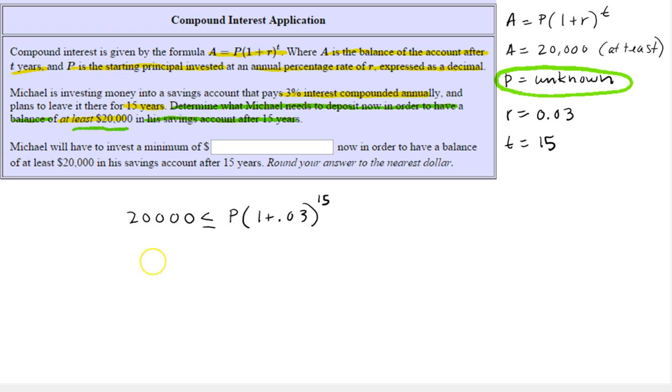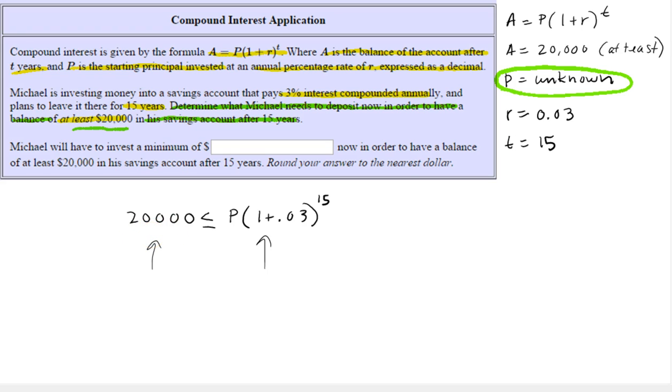So notice this entire expression is equal to the future amount. So we want to find the principal that makes this value greater than or equal to a future amount of 20,000.